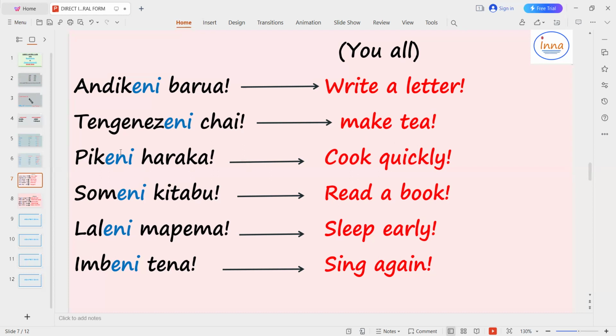Pikeni haraka. Pikeni haraka means cook quickly. Someni kitabu. Someni kitabu means read a book. Laleni mapema. Laleni mapema means sleep early. Imbeni tena. Imbeni tena means sing again.